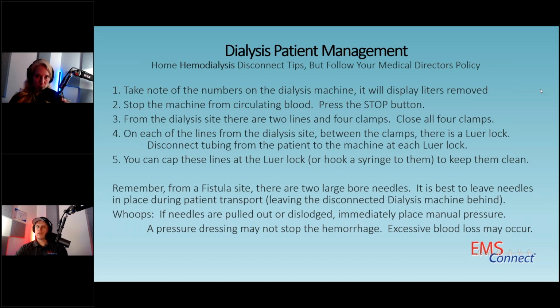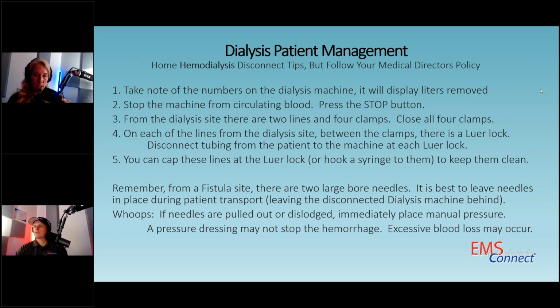So stop the machine. Then each line, near the patient's arm, is going to have 2 clamps, so there's going to be a total of 4 clamps. Clamp all 4 clamps, because one of them is going to be on the side that stays with the machine for each line. So 2 clamps are going to stay with the machine, and 2 clamps are going to come with the patient on their arm.